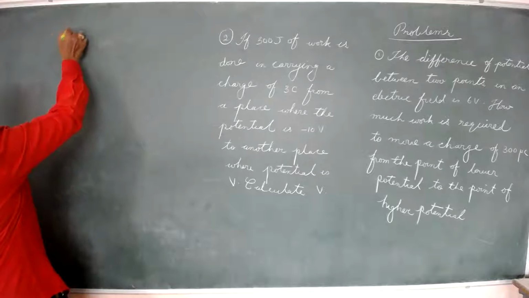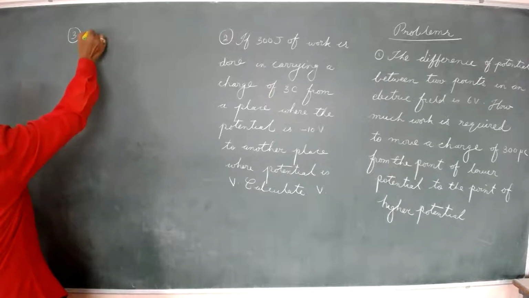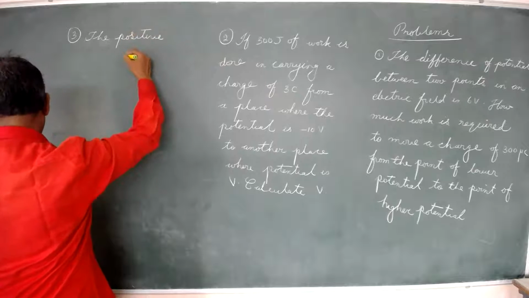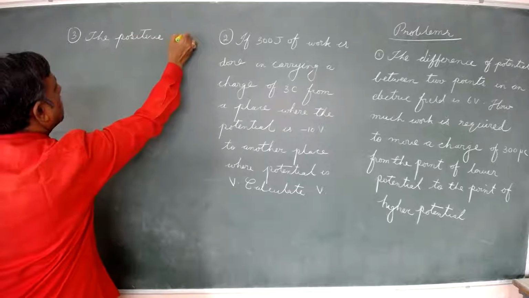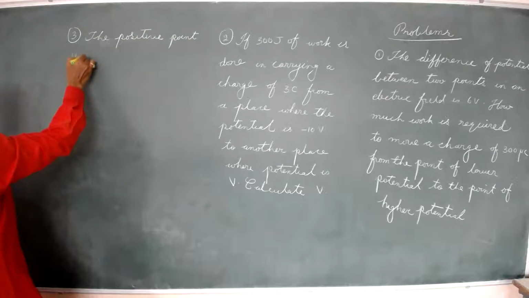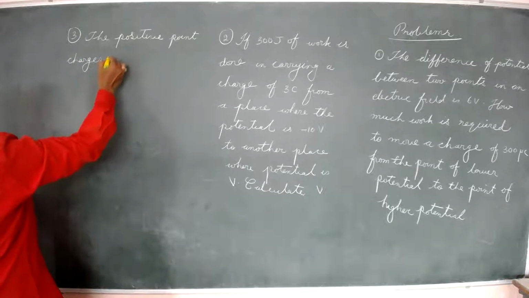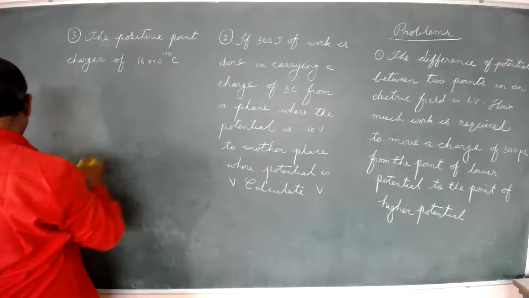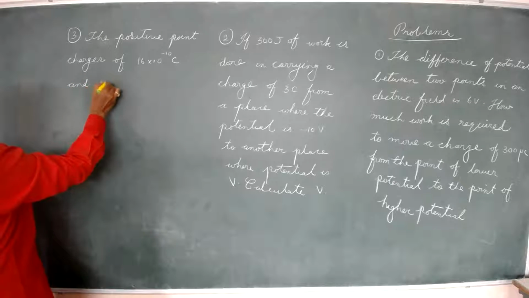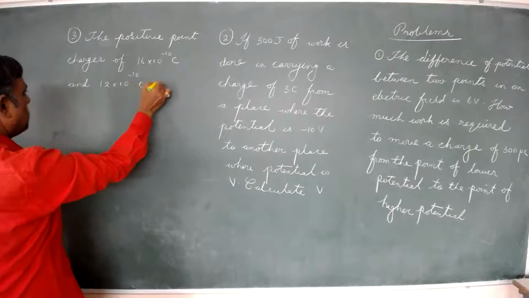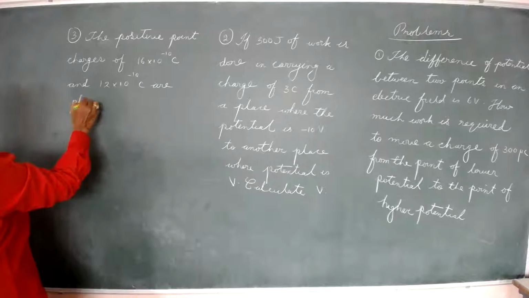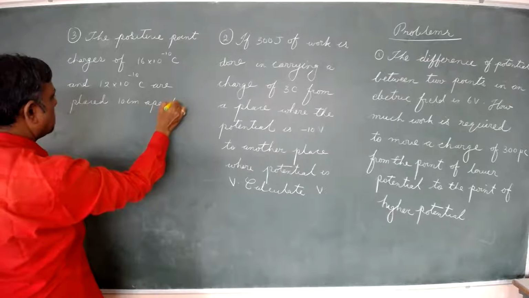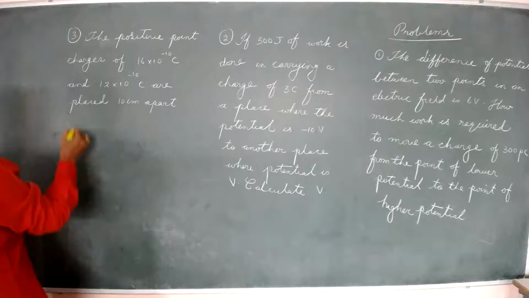Next, third one. The positive point charges of 16 into 10 power minus 10 coulomb and 12 into 10 power minus 10 coulomb are placed 10 centimeter apart.